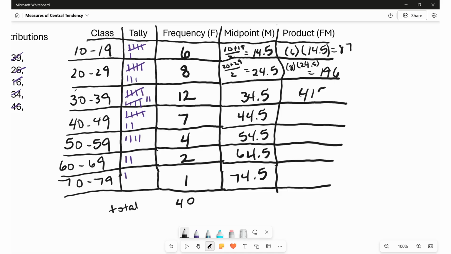This would be 12 times 34.5. And 7 times 44.5. And 4 times 54.5. And 2 times 64.5. And 1 times 74.5. And we also add all of these up.